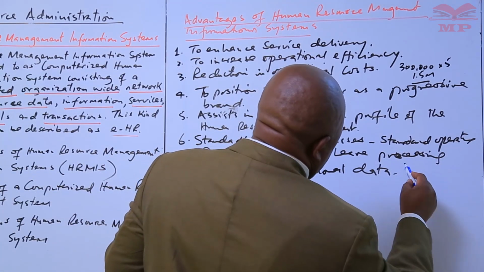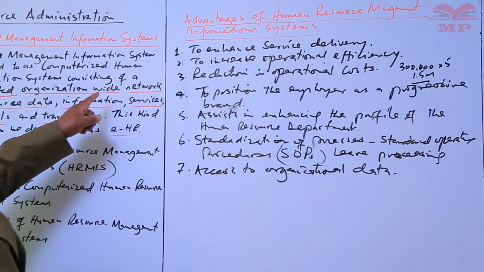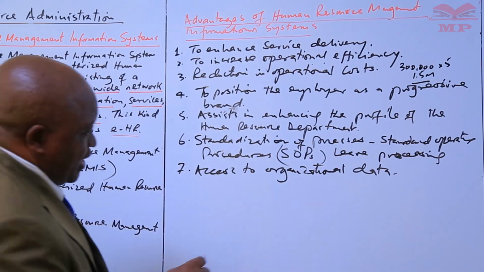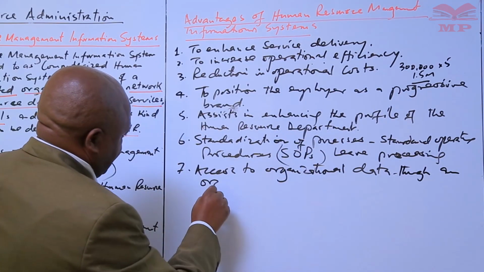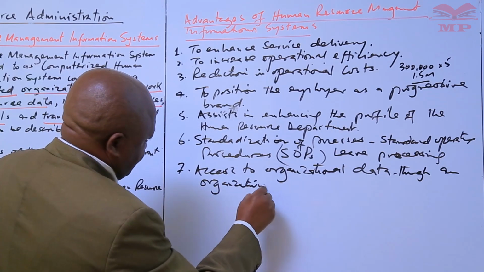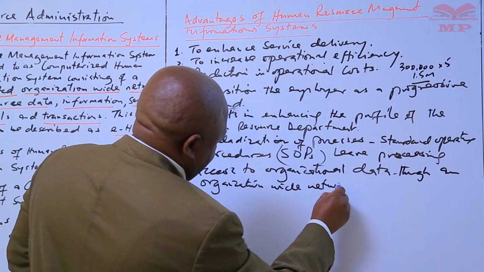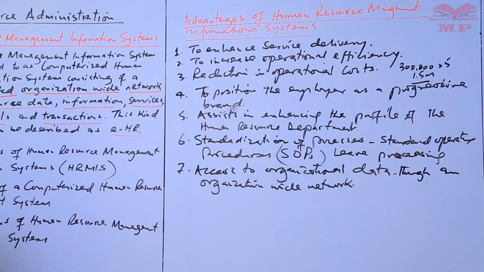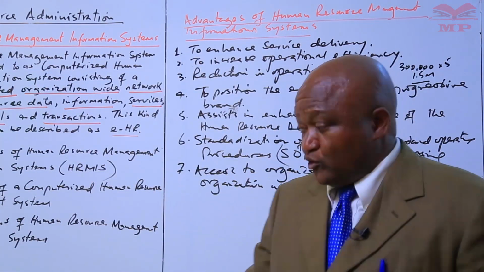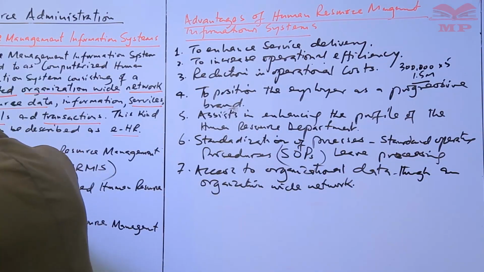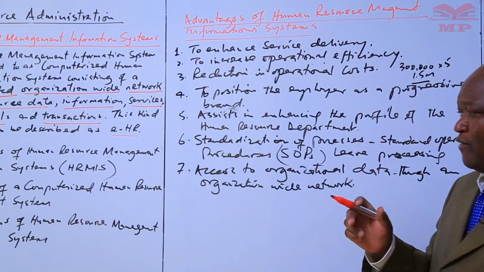And as we indicated here, you may have an organization-wide network. So that again becomes an advantage. So, dear learner, these are just some of the advantages, and different organizations may have different reasons why they may want to use this human resource management information system. Those are advantages of human resource management information system.